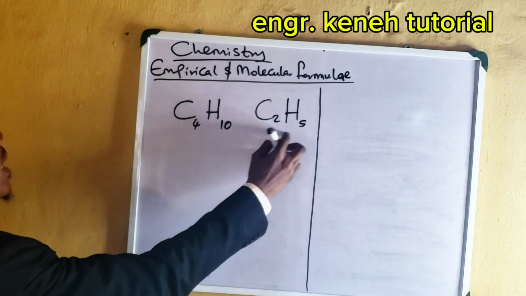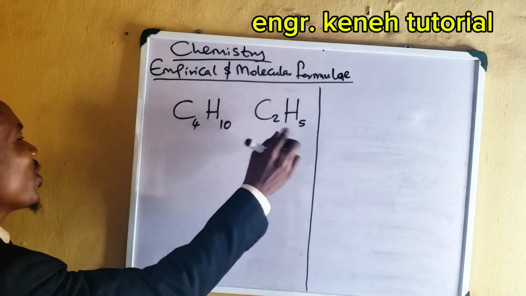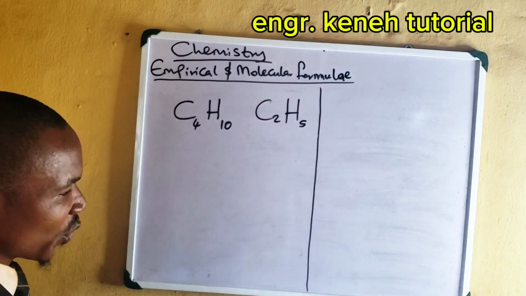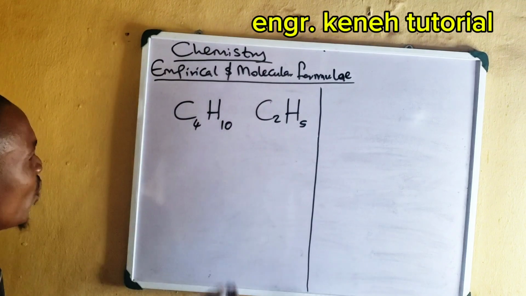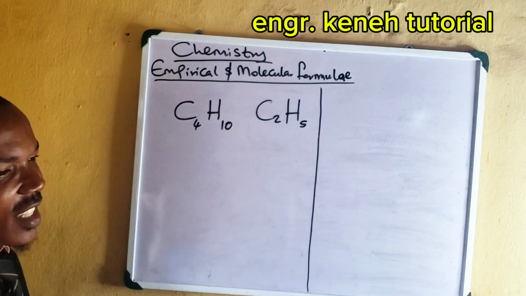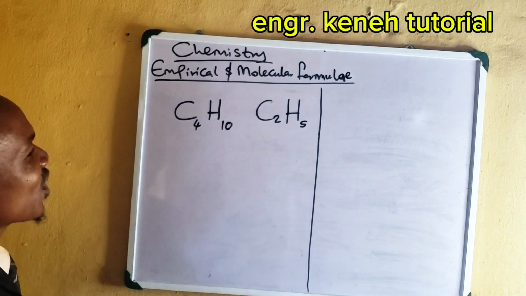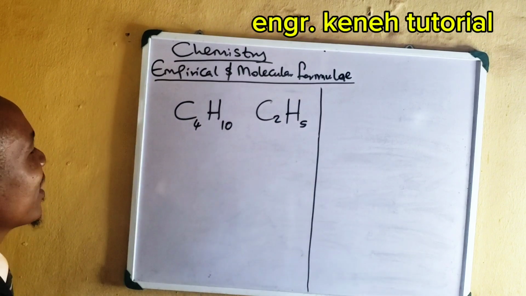That is what we call empirical, and that is what we call molecular. Empirical has to reduce to lowest term, while molecular will give you the actual amount of each atom in that compound. All right, we have some calculations that are associated with empirical formula and molecular formula. Let's go ahead and solve, and that is what you students are actually finding difficult.